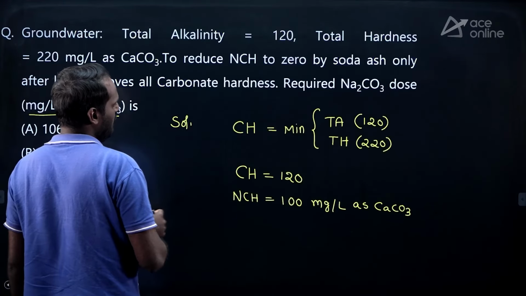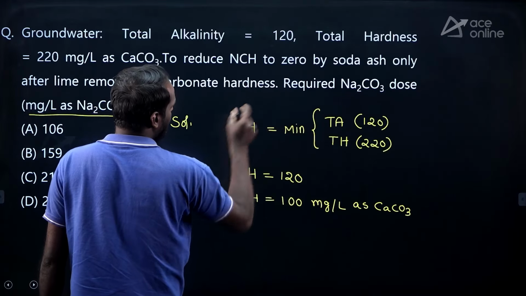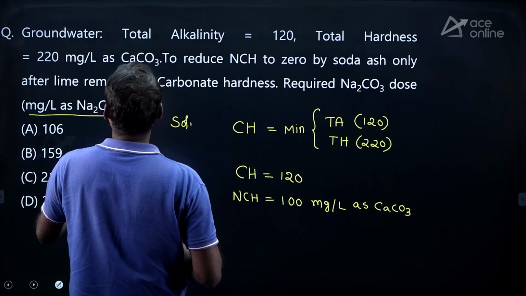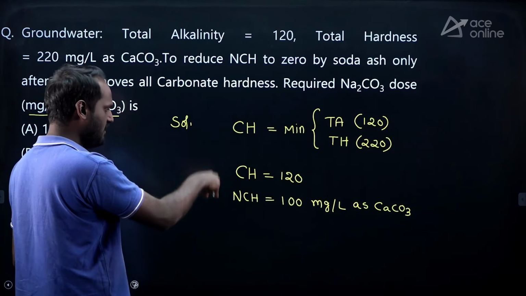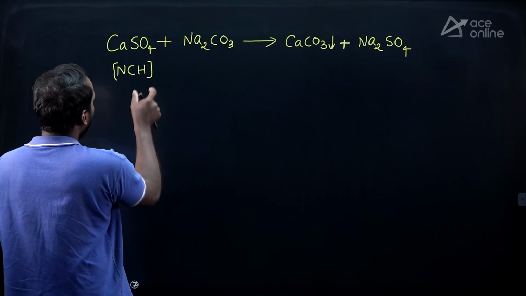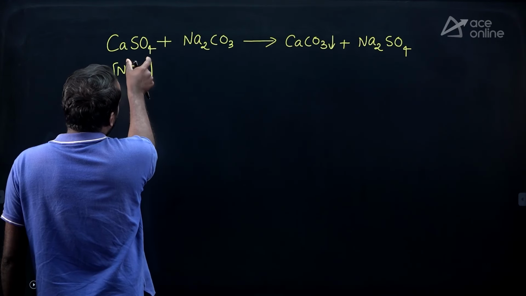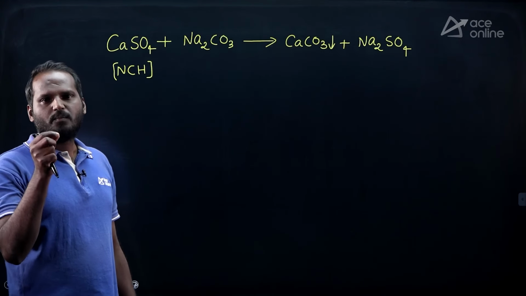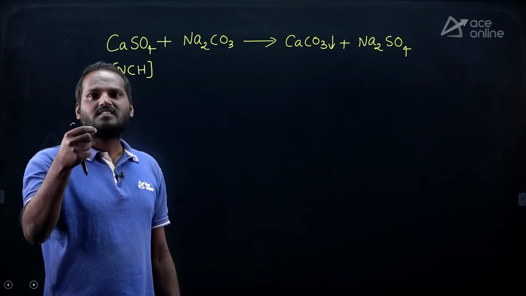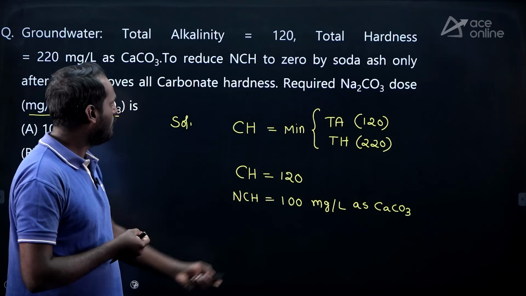Therefore, the non-carbonate hardness present in the water is 100 milligram per liter. Therefore, this 100 milligram per liter needs 100 milligram per liter of sodium carbonate, soda ash, as CaCO3. That is what I wanted to convey.